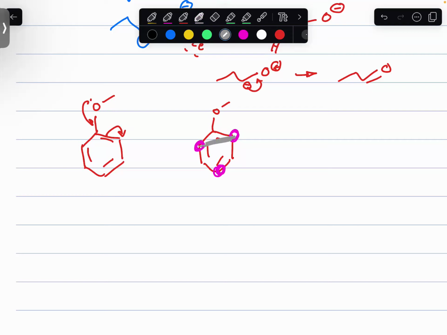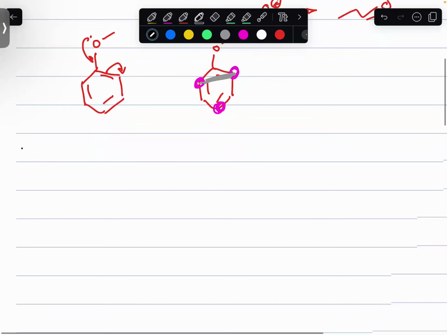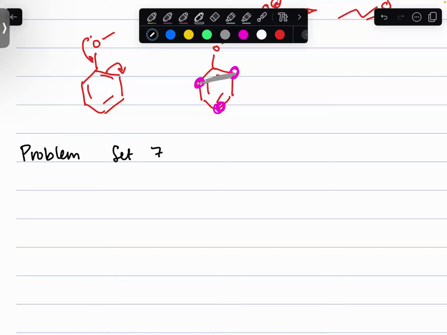Okay, acyl substitution. We'll go through question 3 from problem set 7. In this one, he gave you a handful of reactants. Really, these are more R groups than reactants, and you were meant to put them together to create an acyl substitution.